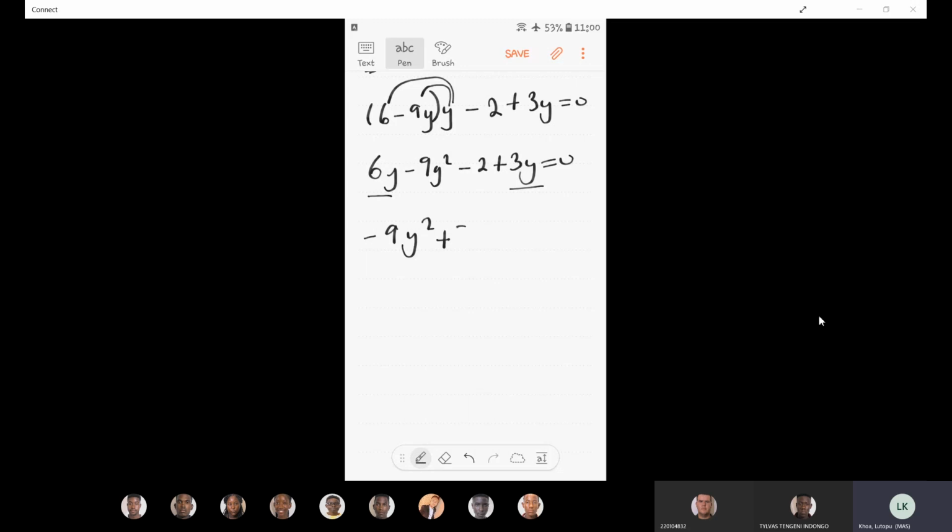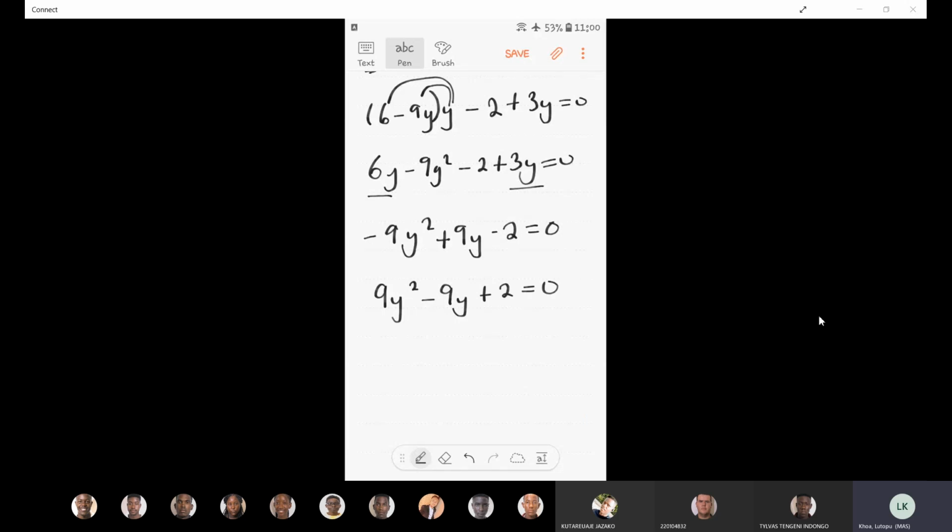This adds up to 9y minus 2, which is equal to 0. So I always like my coefficient of y squared to be positive, so I can divide everything by negative 1. So I have 9y squared minus 9y plus 2 is equal to 0.